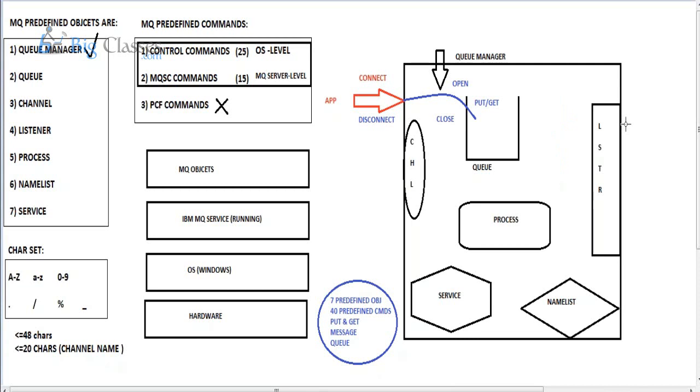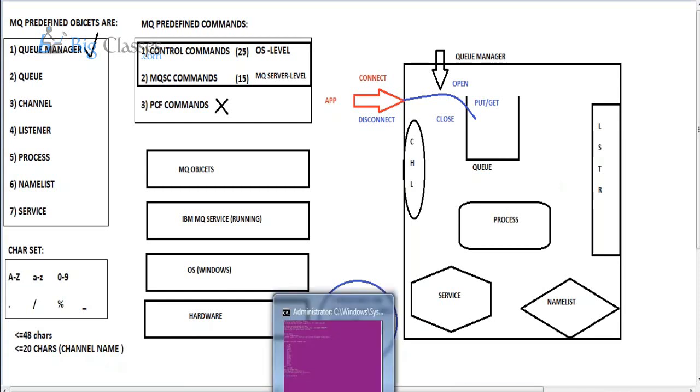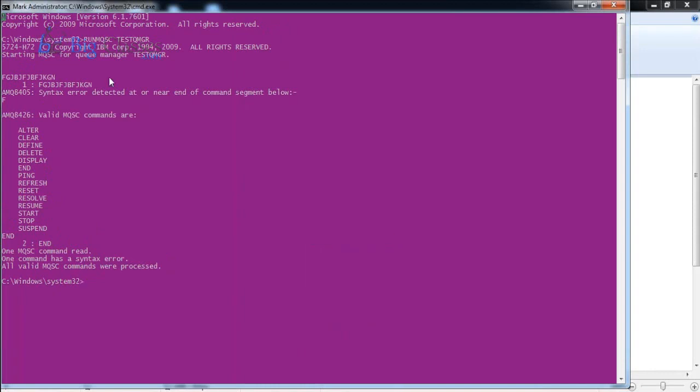Run. What is meant by run in computer language? Start. Execute, right? Run means execute or start. Run MQSC means I want to execute MQSC commands in so and so queue manager. So runmqsc followed by queue manager name.